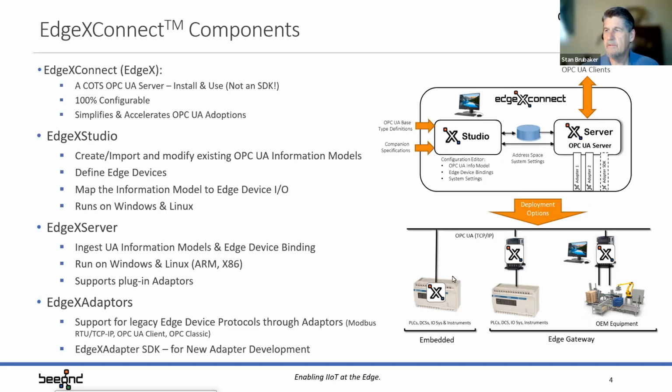And Studio, or the server, can be spread across different devices and have Studio configuring them. So you can have Studio running on Windows and have it connecting to your servers that you may have several potentially across your equipment or environment. So that gives an overview of what EdgeX is and its components.